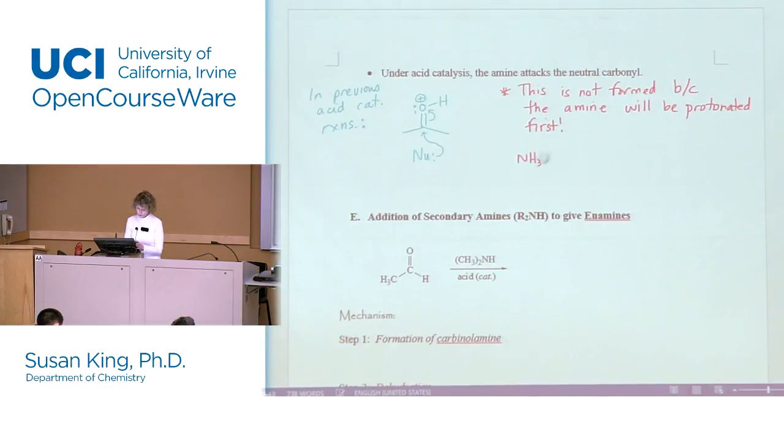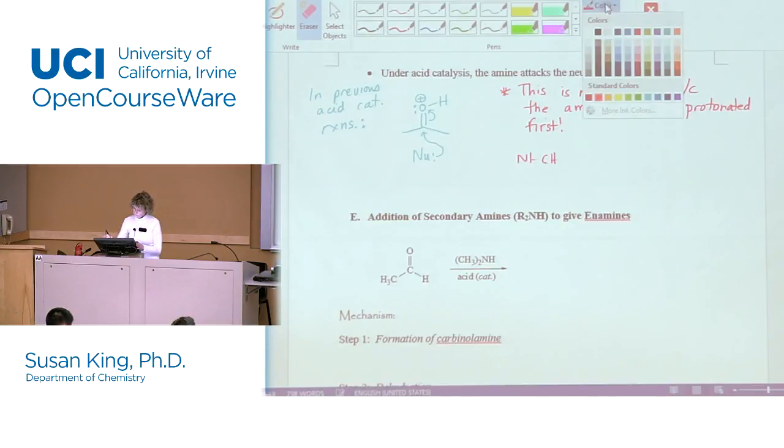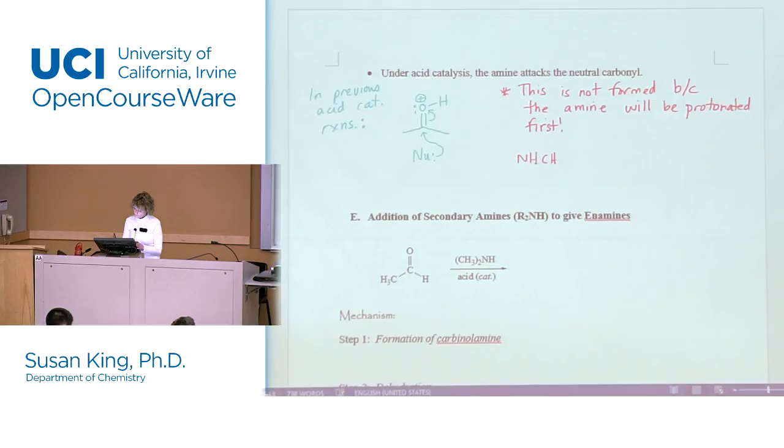So methylamine is a stronger base than ketone, in this case acetone.